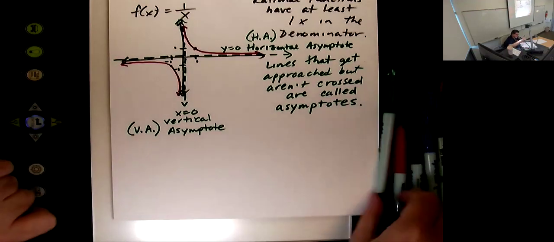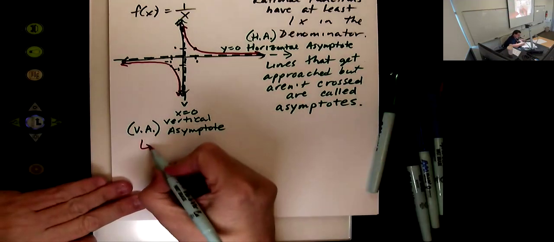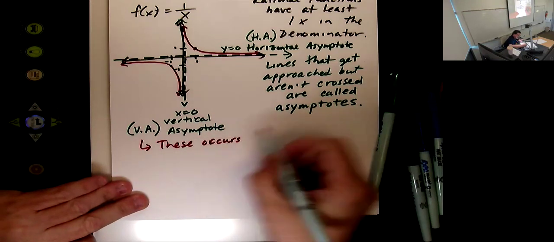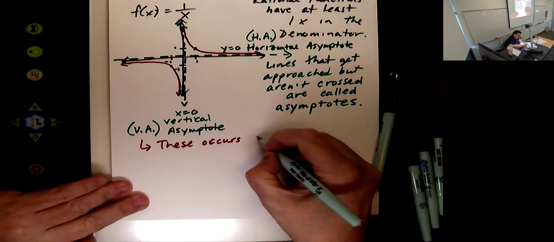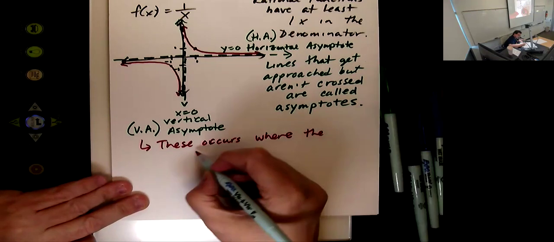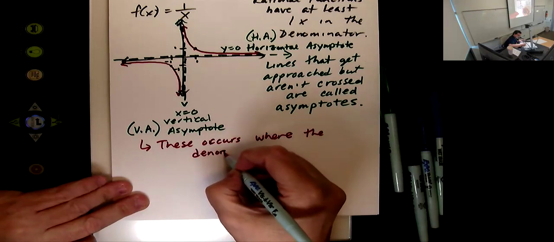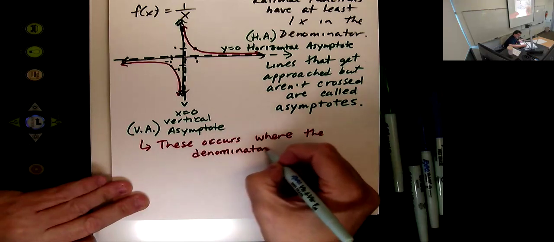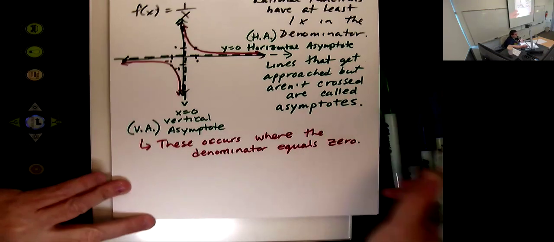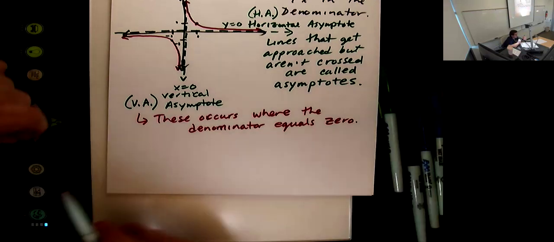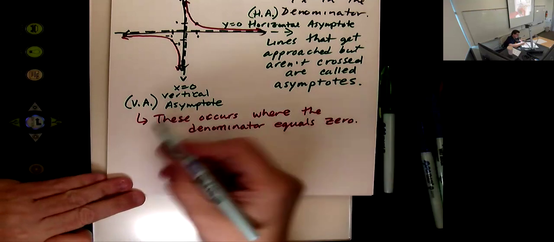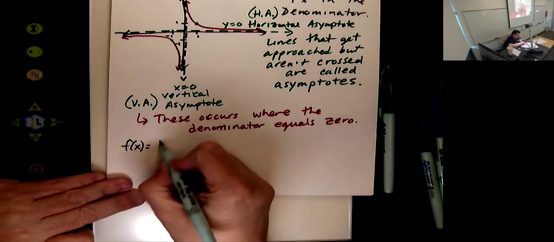So these vertical asymptotes here, these occur where the denominator equals 0. So we had f of x equals 1 over x.